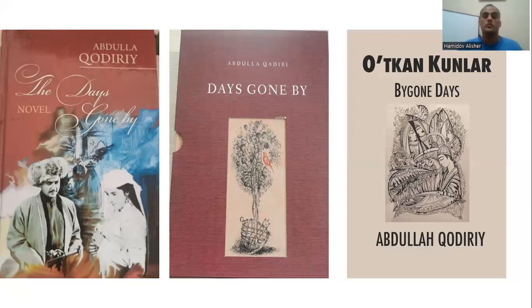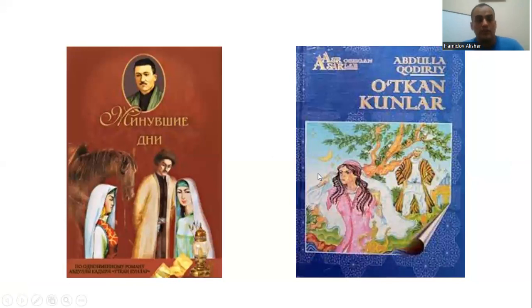But in our version and in the Islam Karimov Foundation version, the preposition is used at the end. This depends on the translator as well. So next, we can see here the Russian translation and the original book in Uzbek.